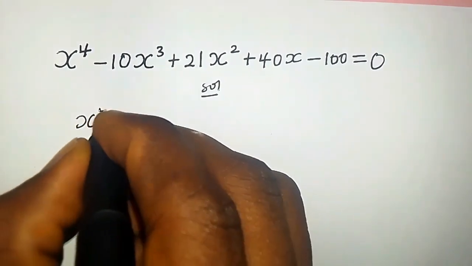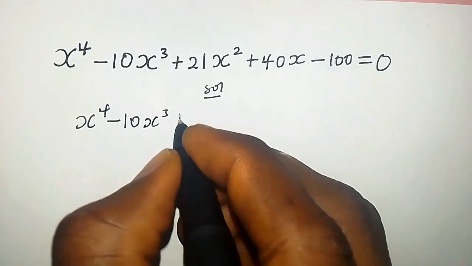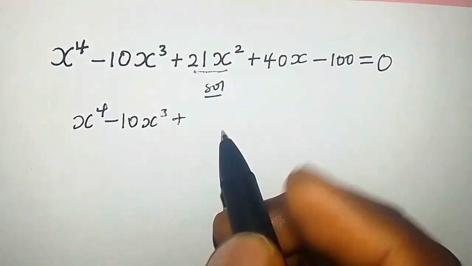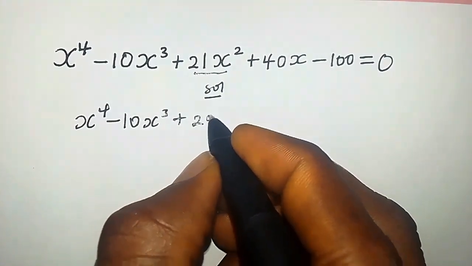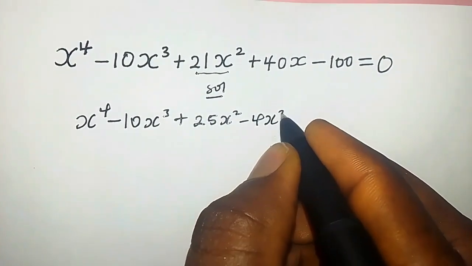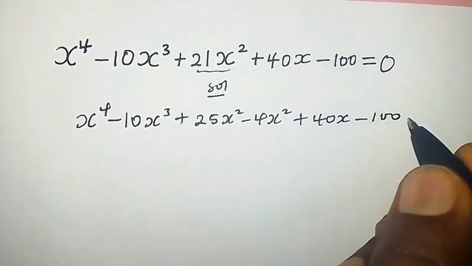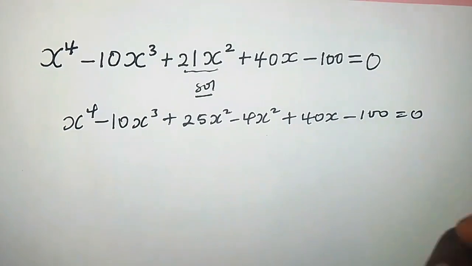So we have x to the 4 minus 10x cubed plus 21x squared, which can be written as 25x squared minus 4x squared plus 40x minus 100, which is equal to 0.